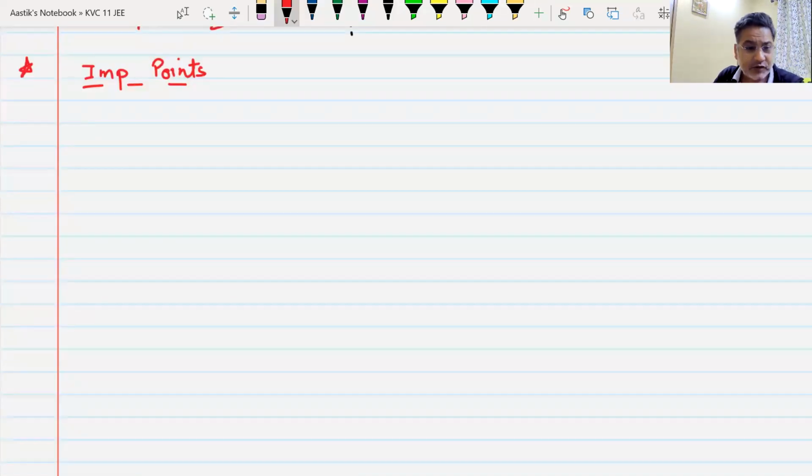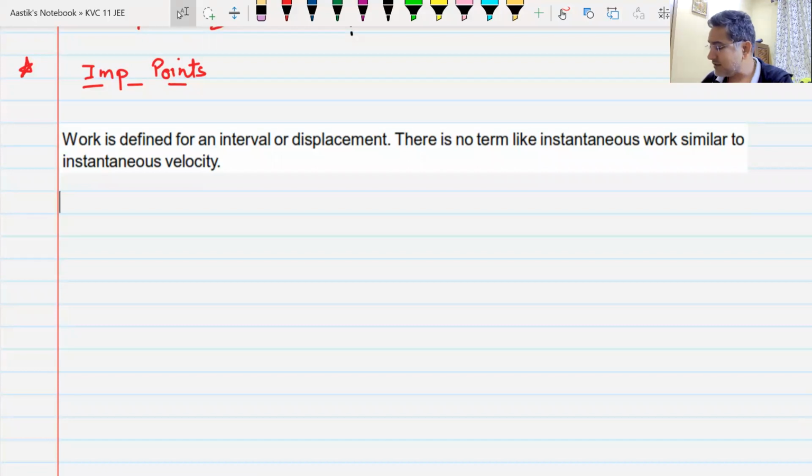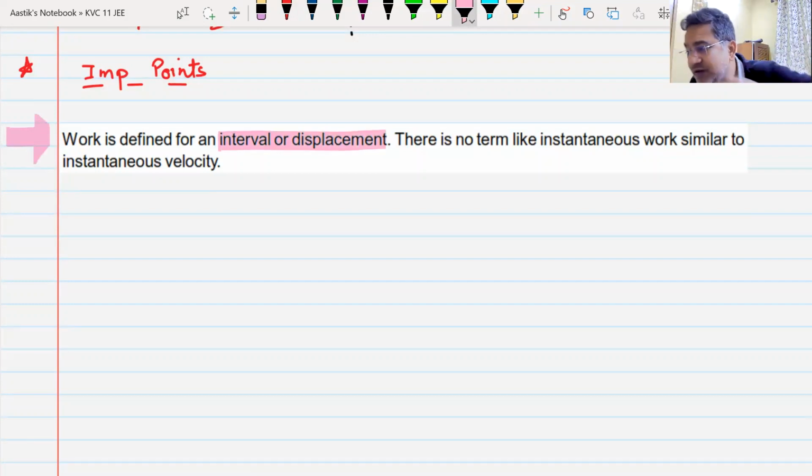What is the first point that you must remember about work done by a force? Work done is always defined for an interval, whether it is an interval of time or between two points.